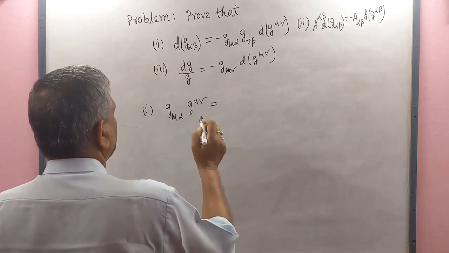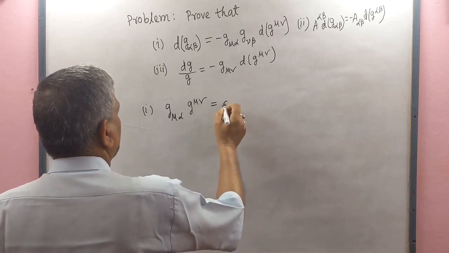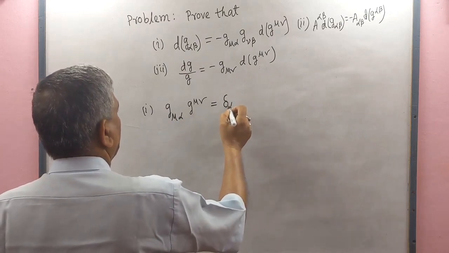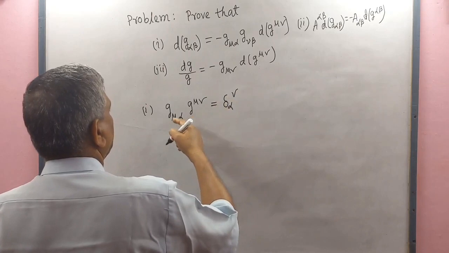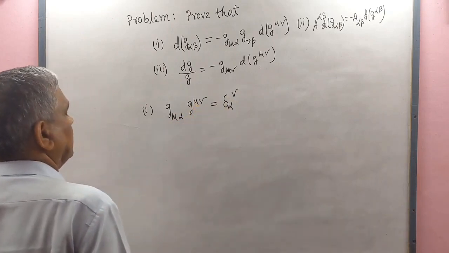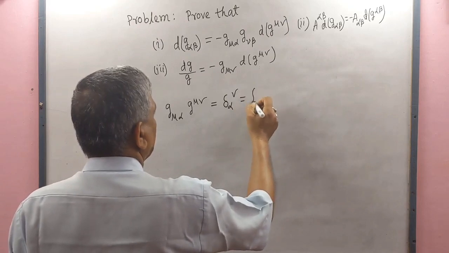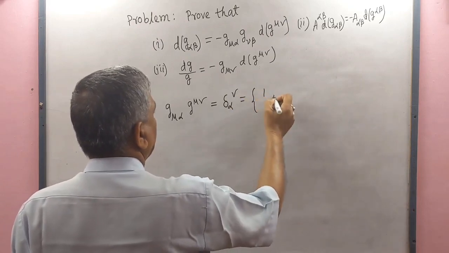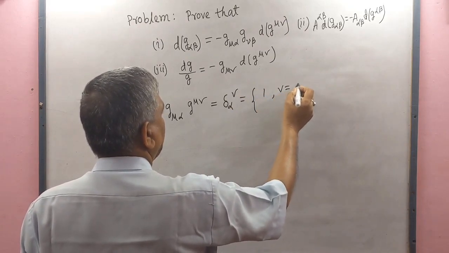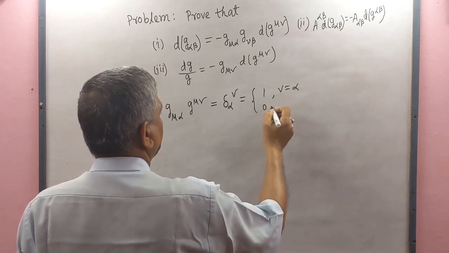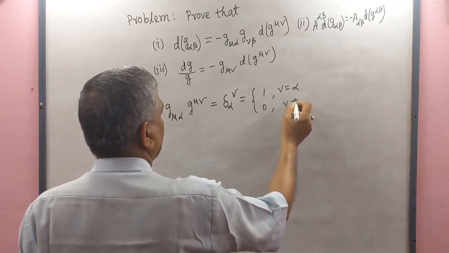The value of this is delta alpha nu, mu common, and this will be equal to 1 for nu equal to alpha and 0 for nu not equal to alpha.